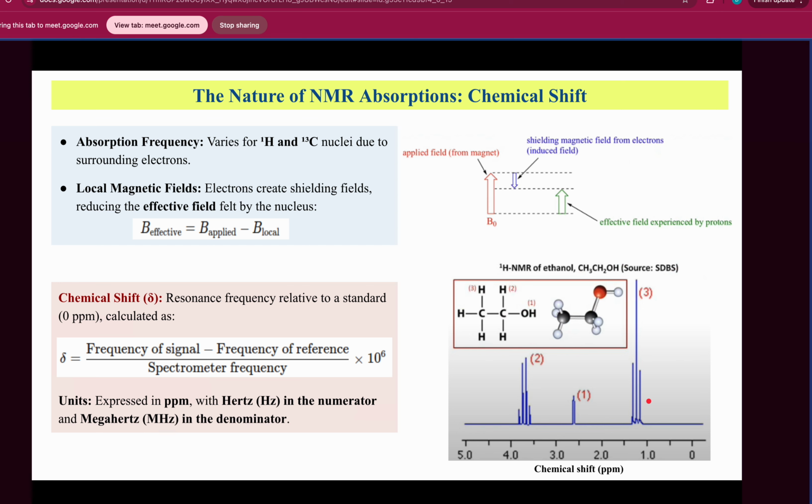Then they have found how many subpeaks will be present. In this case, CH3 is bound to a carbon which has two hydrogens, so the number of subpeaks we will observe here will be 2 plus 1. That's why it is 3. Similarly, the second hydrogen is attached to a carbon which has three hydrogens, and the OH group where one hydrogen is present.